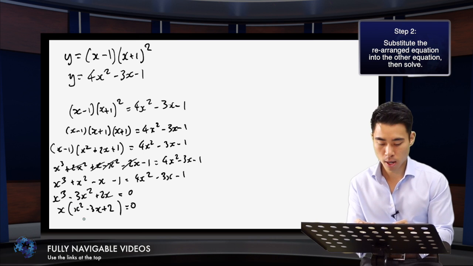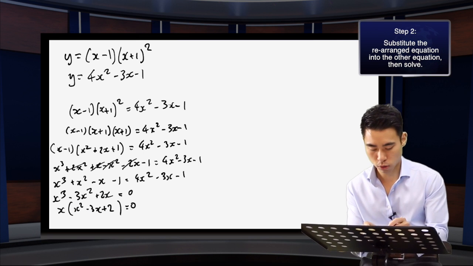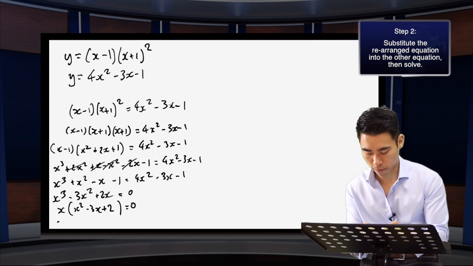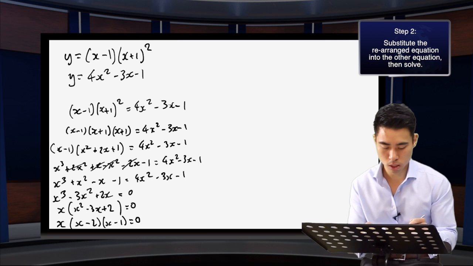But here, you notice I have a quadratic in this bracket, and lo and behold, you can actually factorize this down even further. Okay, so factorizing that quadratic there, x minus 2, x minus 1, equal to 0.